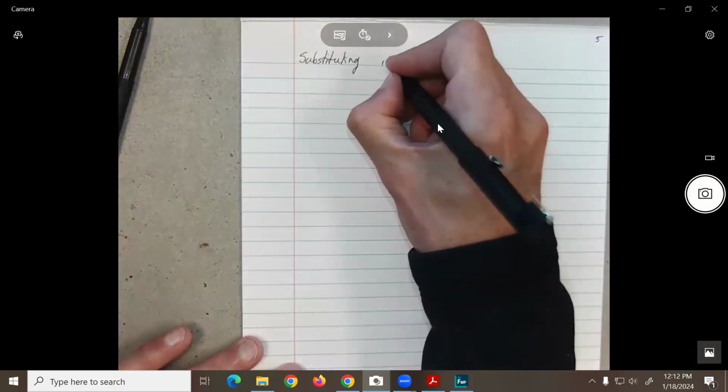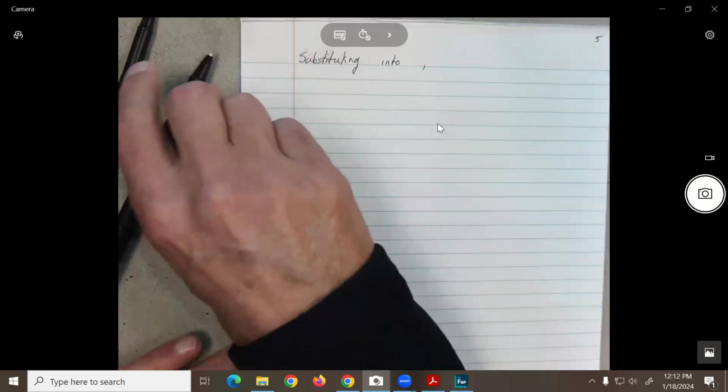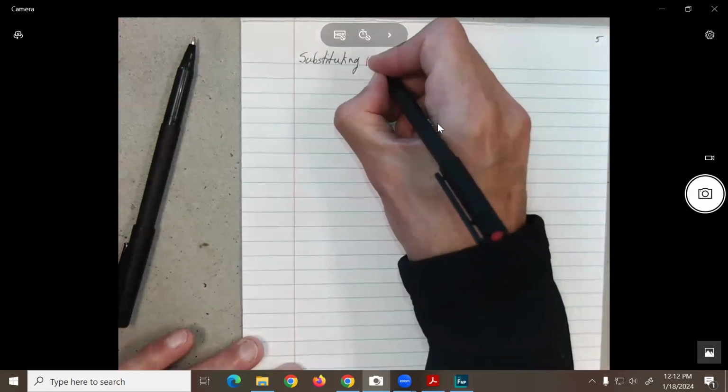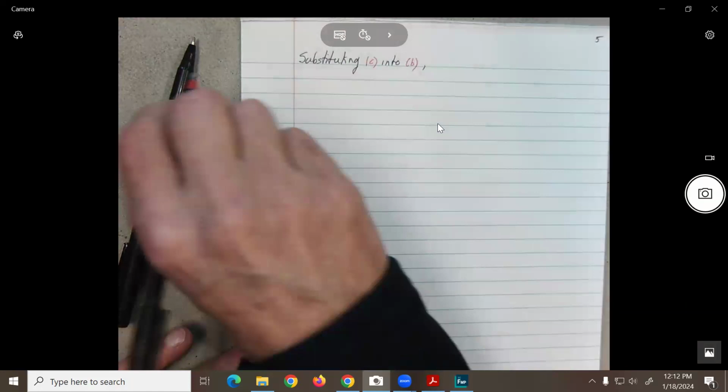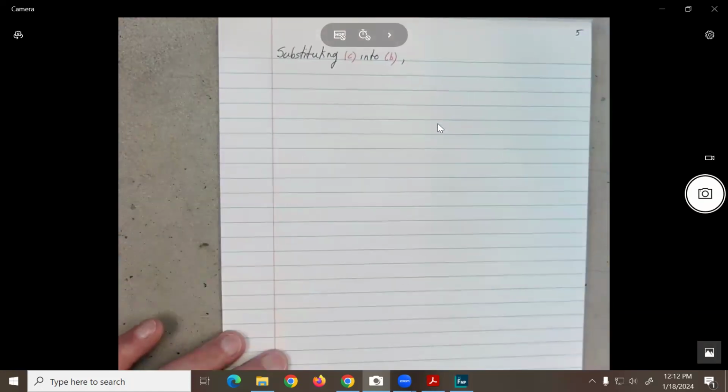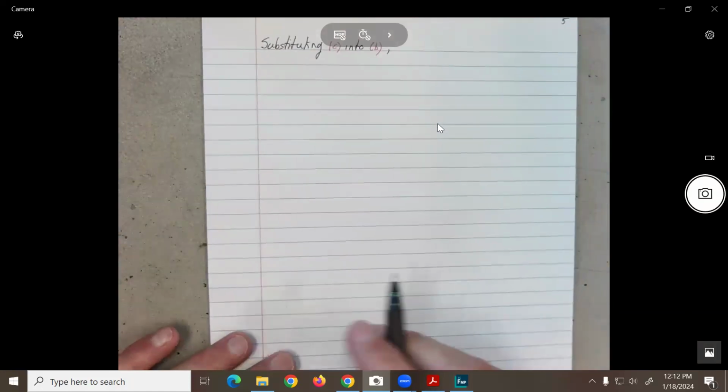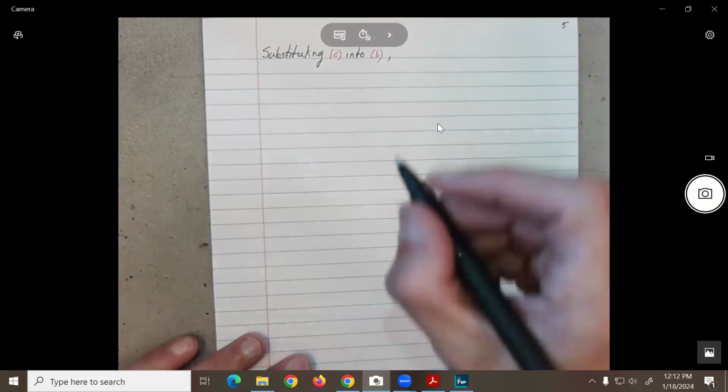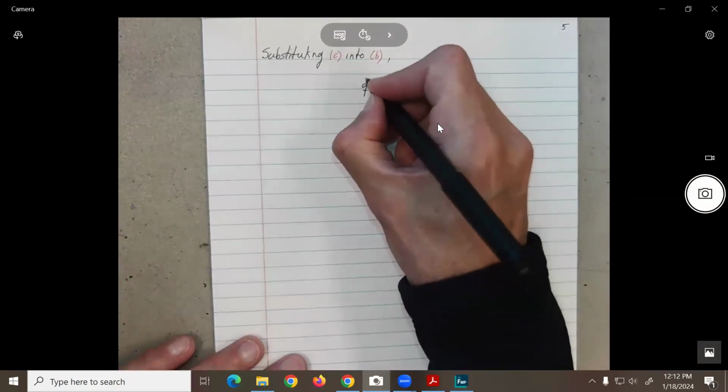Substituting C into B. This derivation I almost have to copy because it's not complicated, it's just statics, but it's easy to make a mistake.